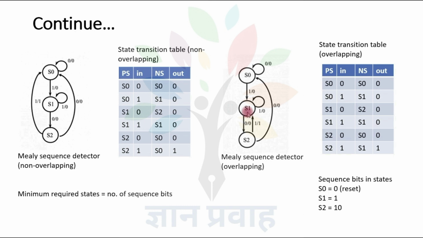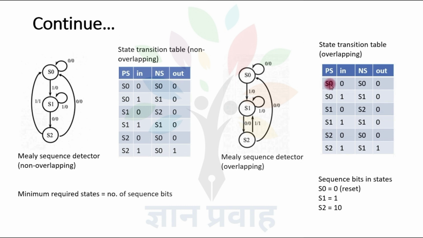It means it will move to the next state and this next state must be S1 state. This state diagram is converted into a state transition table: present state, input, next state and output. There are three present states, S0, S1 and S2, and two possible combinations for the input signal.